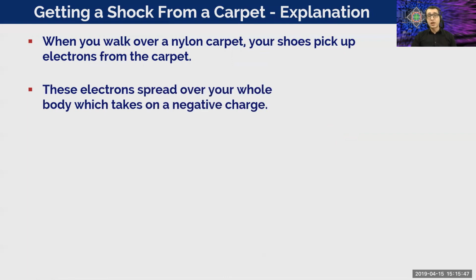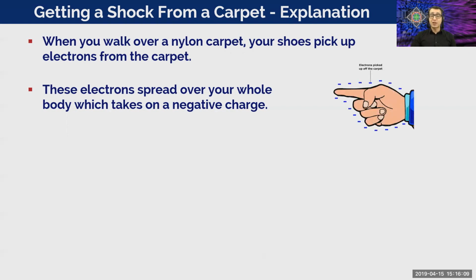Electrons are picked up by your body, by the shoes, and then distributed over the surface of your body due to the friction between the soles of your shoes and that insulating nylon carpet. These electrons then spread out over the whole of your body. The whole surface of your body, excuse me, takes on a static negative overall charge.